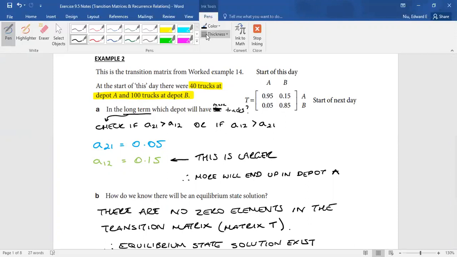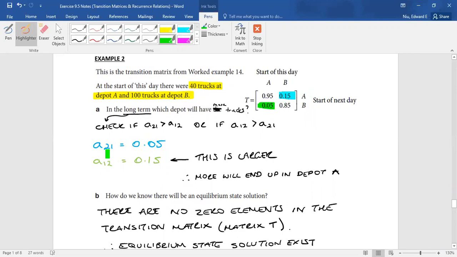Now, if we color code the top right in light blue and the bottom left in lime green, whichever number is higher will tell us whichever depot is going to end up with more trucks in the long term.